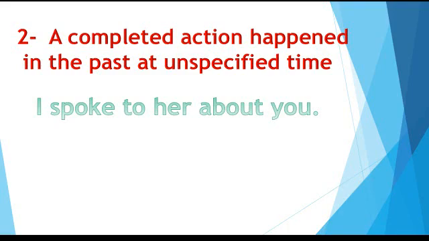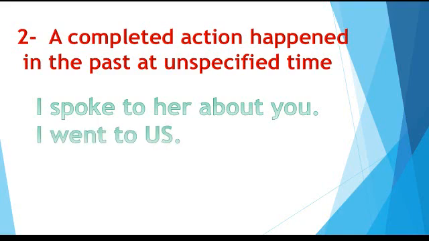You don't know which day, but yes, I did. But if I say I spoke to her about you on Wednesday, I gave you more details. So this action was in the past, but there are no time markers to give more details.